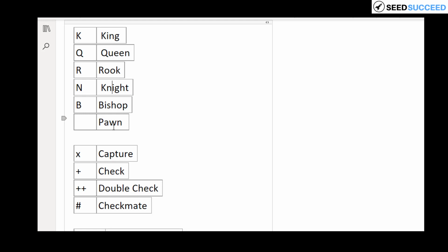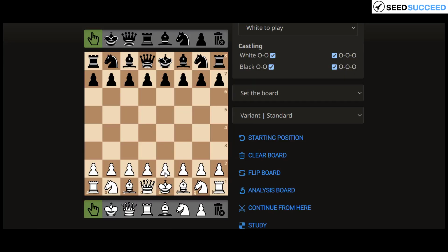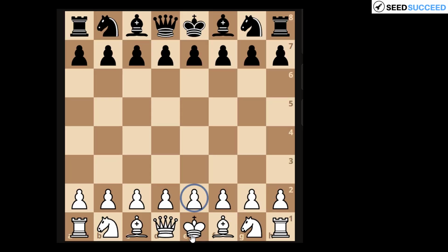So if the pawn is moving from E2 to E3, say for example, the pawn here is in E2, and it is going to move to E3, which means we just put E3. It is understood that the pawn has moved to E3.